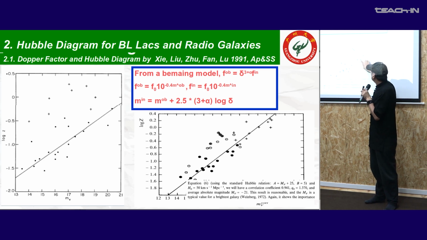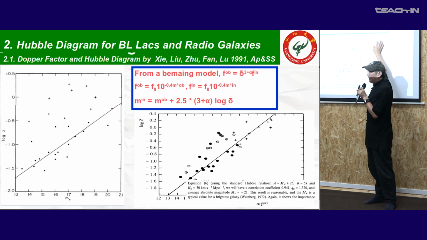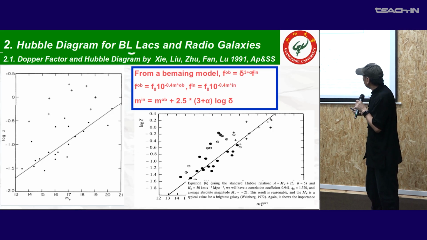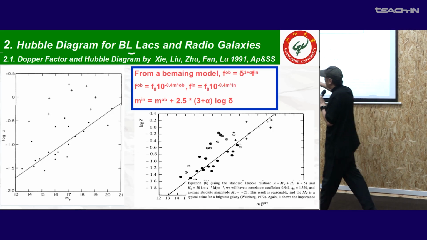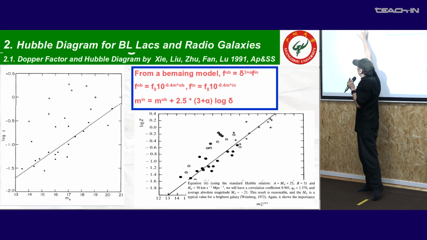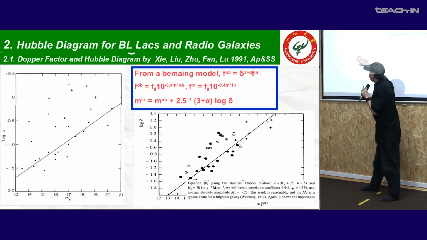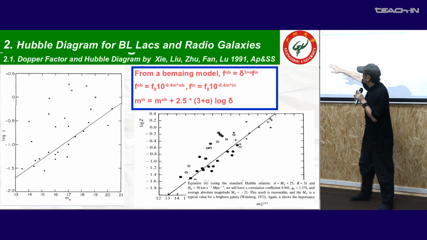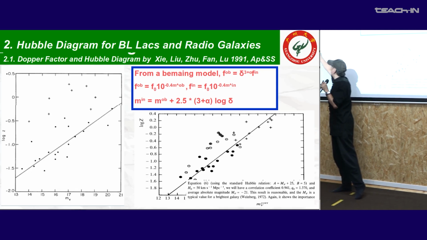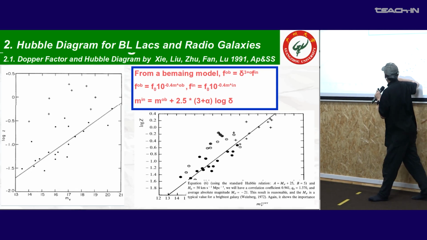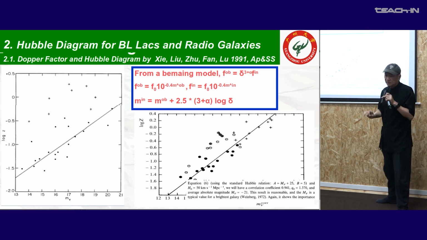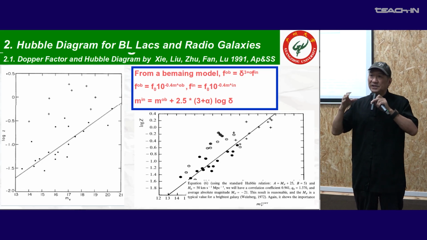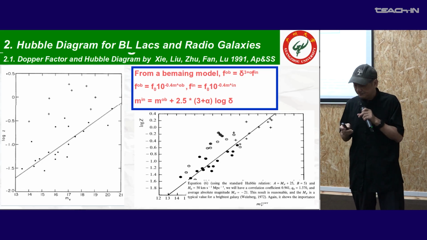So this is the XBLs and this is the RBLs. For observations, RBLs occupy this place and XBLs this place, and after the correction, we found the RBLs also moved to this region, and finally we get this result. So we can say that RBLs and XBLs should intrinsically be the same class.